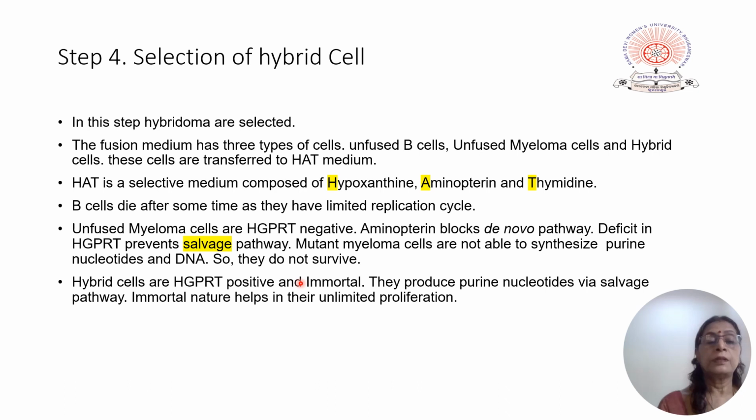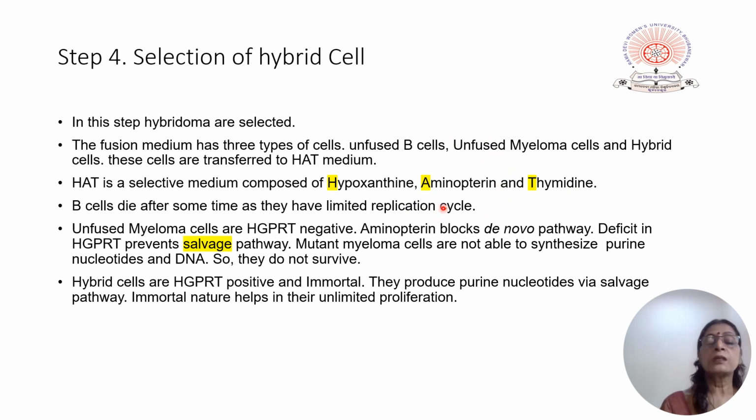Fourth step is selection of a hybrid cell, or screening for a hybrid cell. After the fusion procedure is over, the hybrid cells are cultured in a selective medium called HAT medium. HAT because it is composed of three chemicals: hypoxanthine, aminopterin, and thymidine.